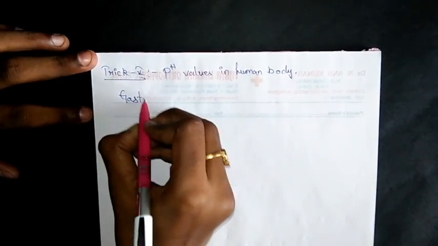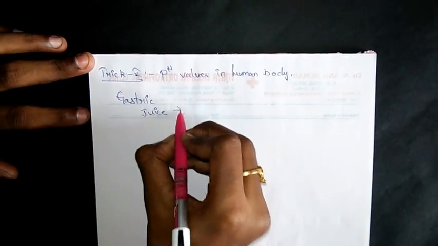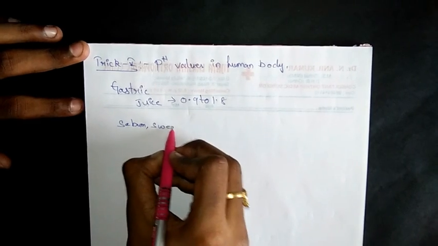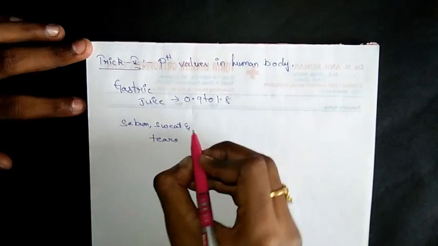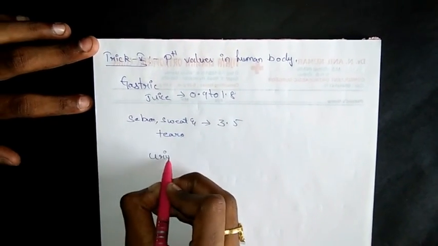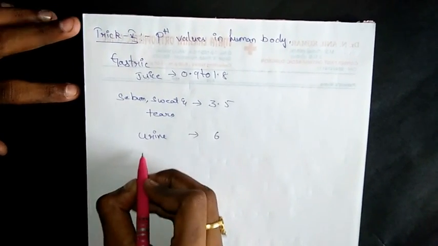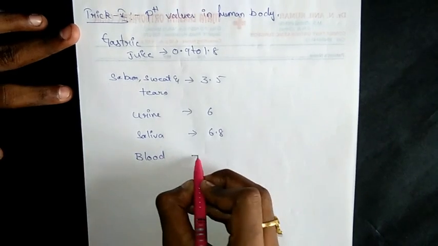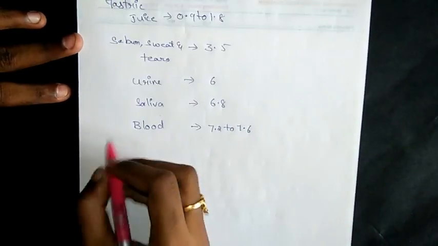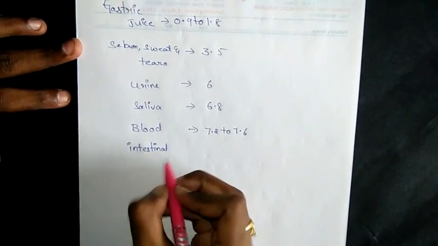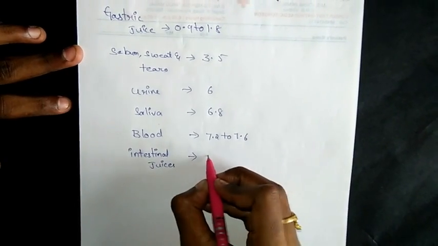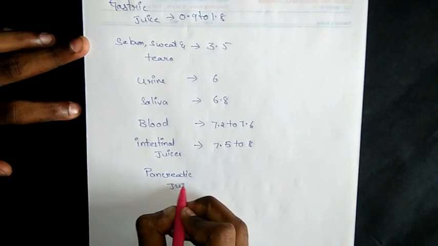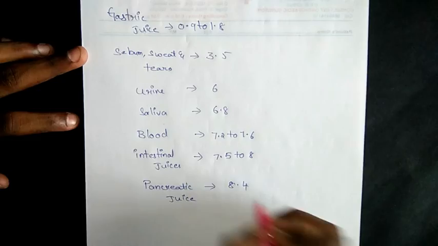Those are: gastric juice 0.9 to 1.8, sebum, sweat and tears 3.5, urine pH about 6, saliva 6.8, blood pH ranges from 7.2 to 7.6, intestinal juice has a pH range from 7.5 to 8, and finally pancreatic juice pH is 8.4.